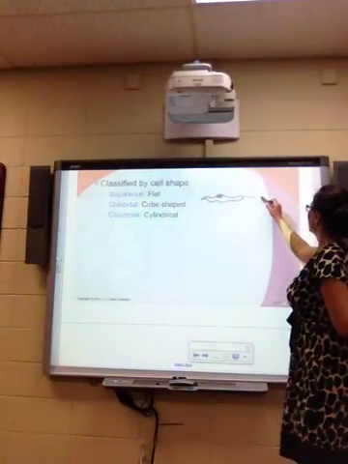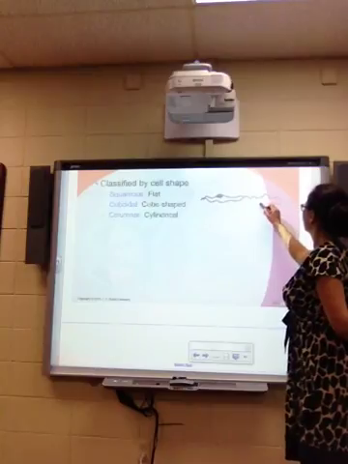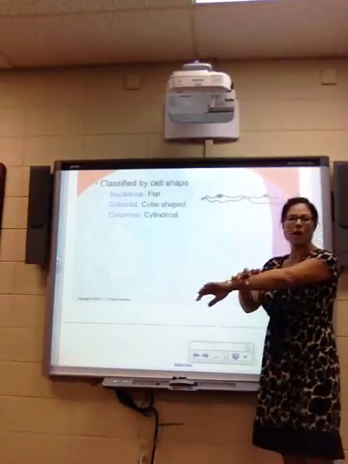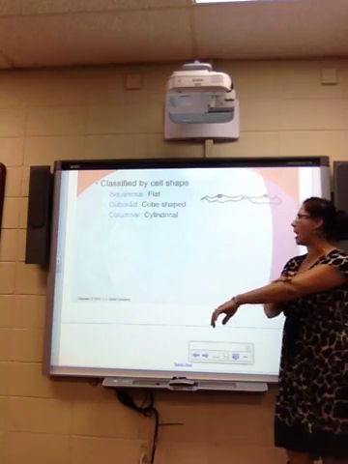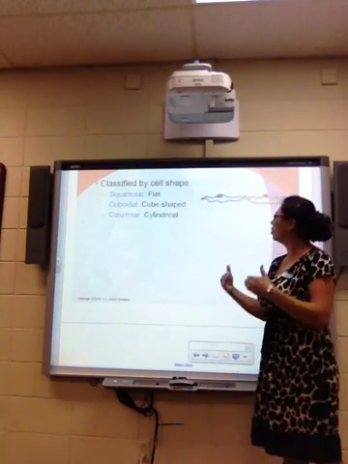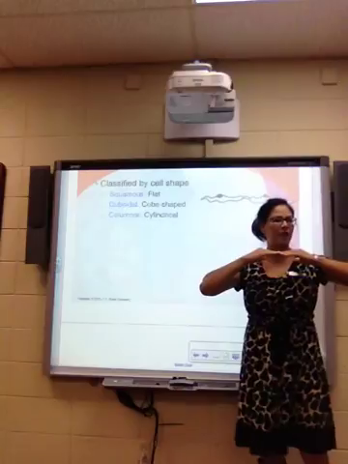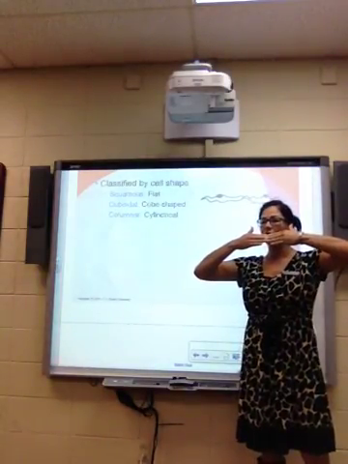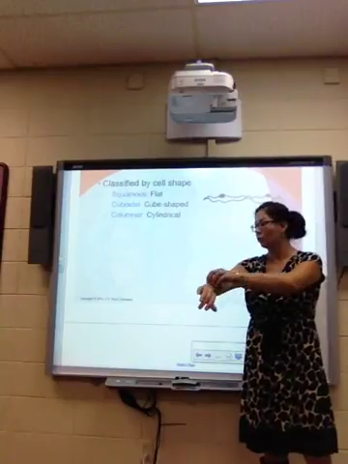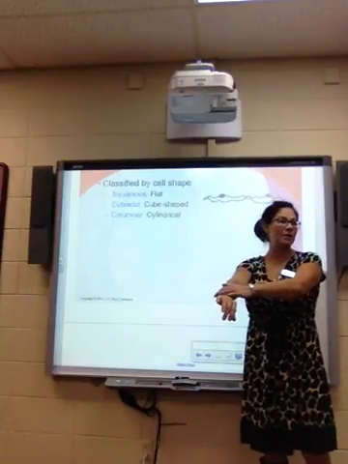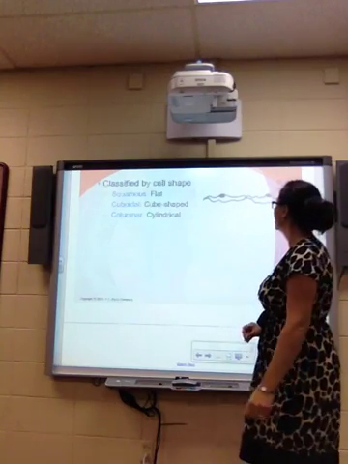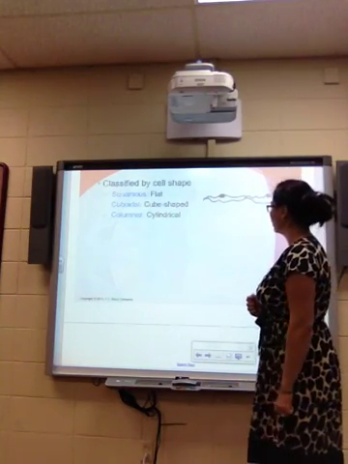And these are what you find on the outside. Right up here you have squamous cells on the outside of your skin, and you want these to fit really tightly together, and that's why they're flat and fit nice and tight, because we need this skin to be waterproof as well as pathogen proof, so we don't want any breaks in it. So they do fit nice and tight together.